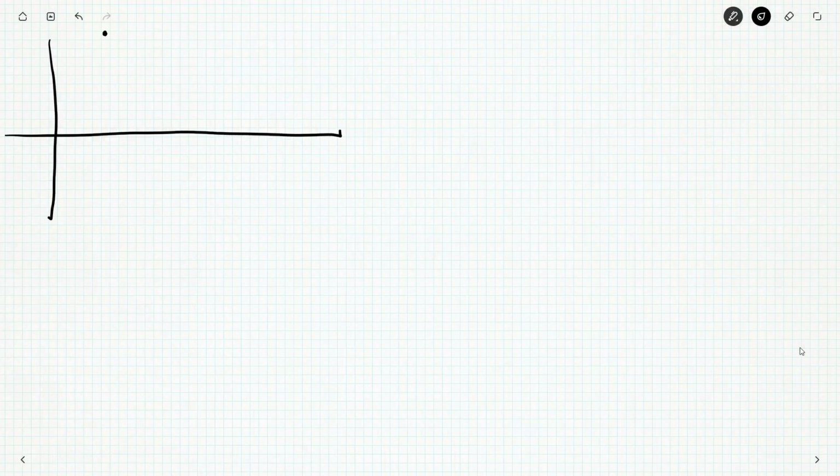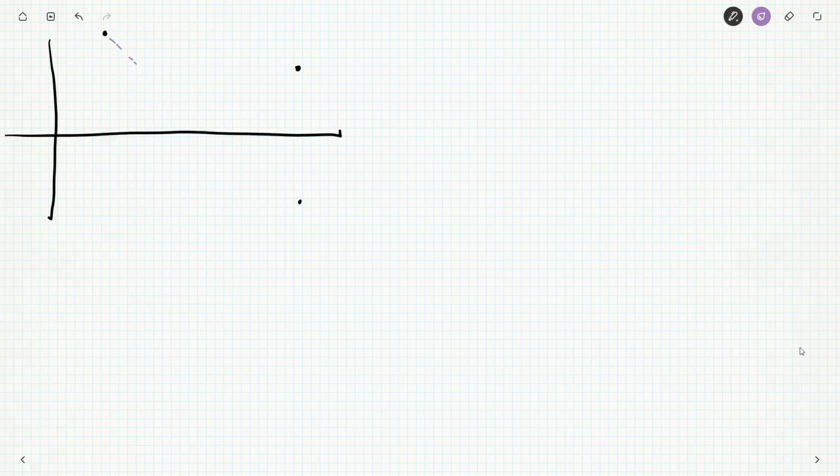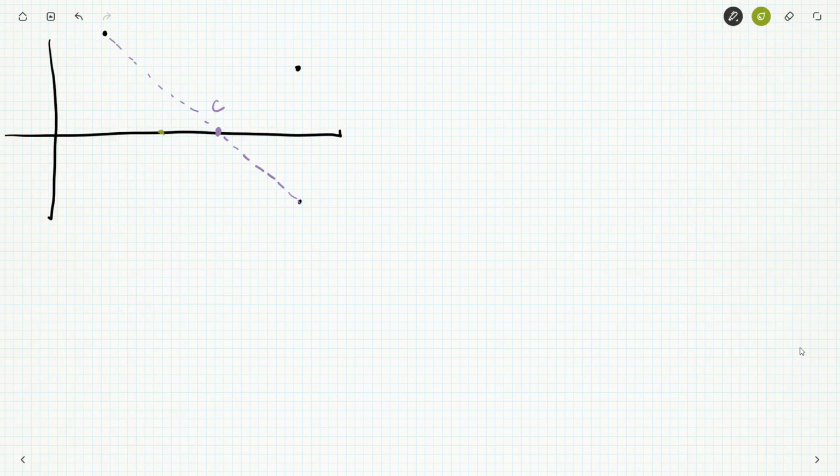So here's A, here's our B. B prime is sort of the same distance down here, and what did we use? We used purple, didn't we? So this gives us our C, and then we had, no, yellow was for the other one. Let's use the green. So we have our C prime here.